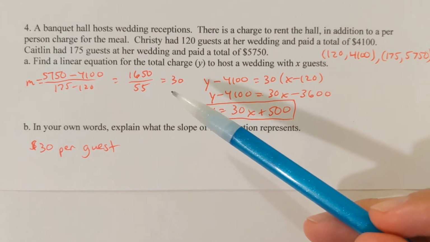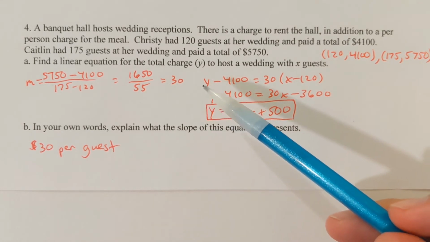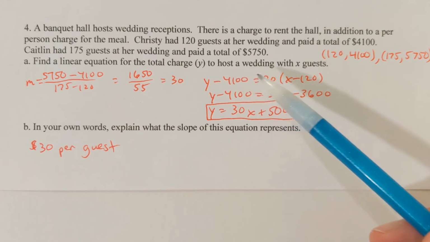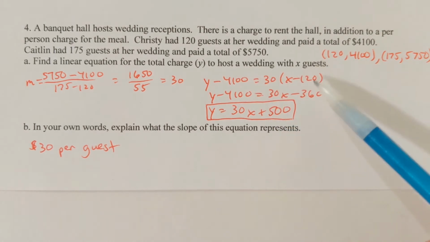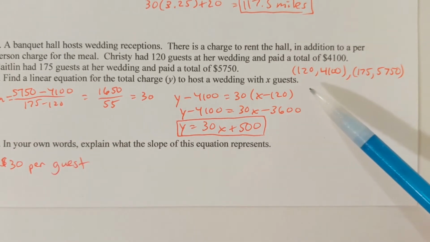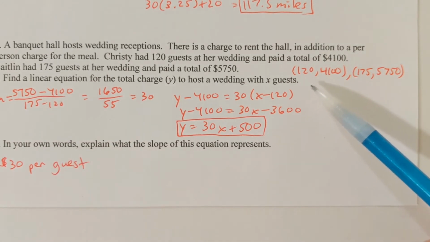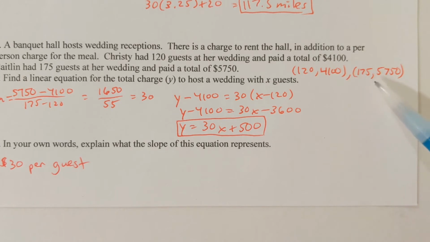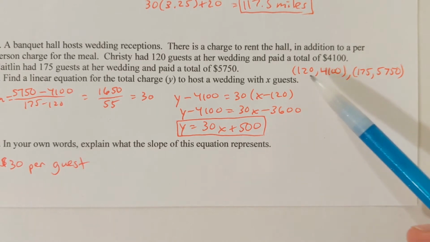Part A, find a linear equation for the total charge y to host the wedding with x guests. Well, I would conclude, first of all, that the points (120, 4100) and (175, 5750) are 2 points on this line.